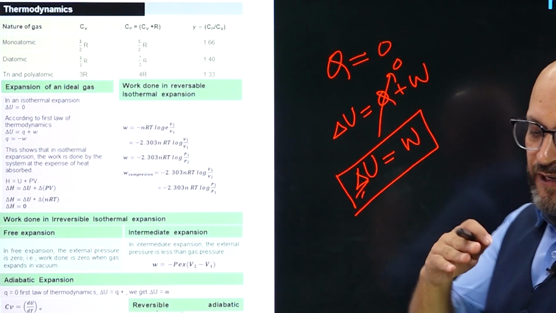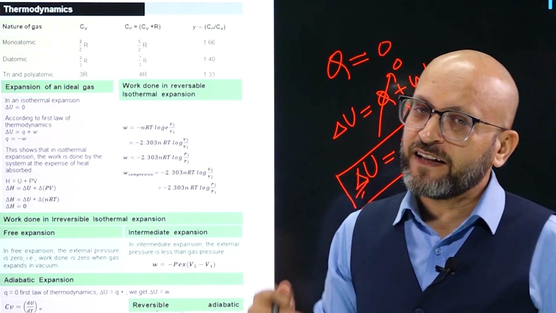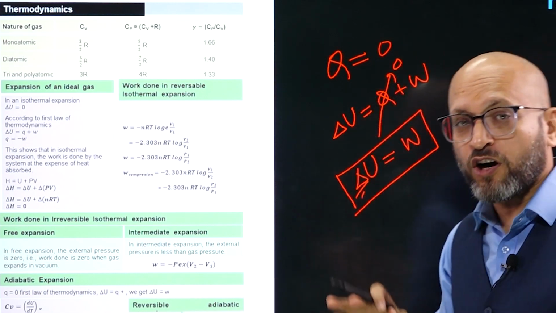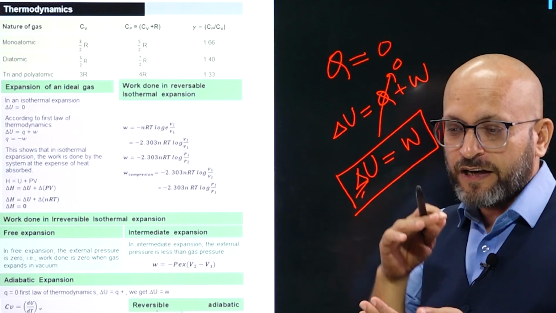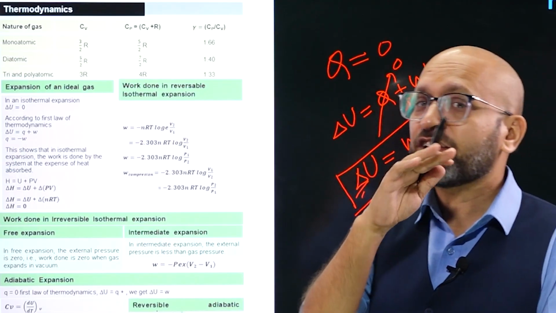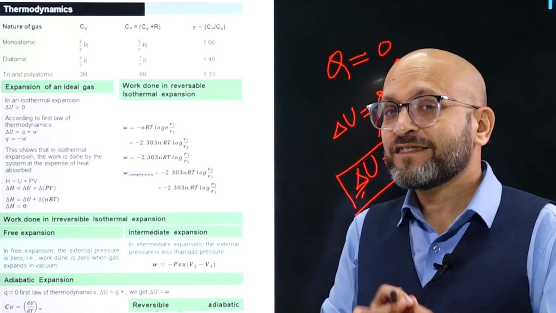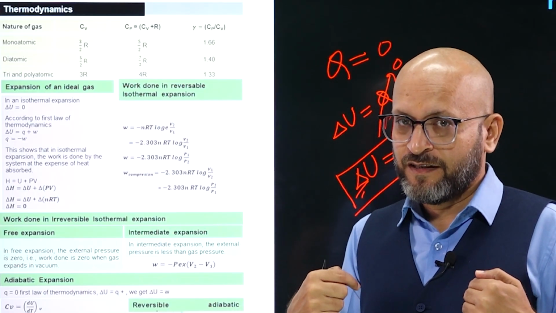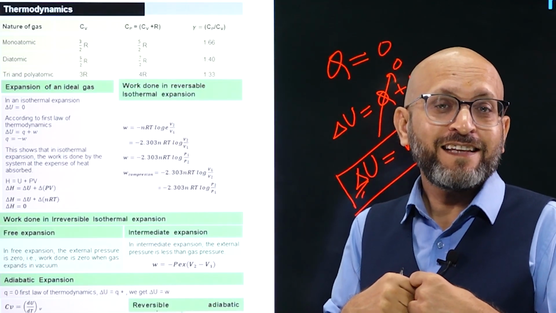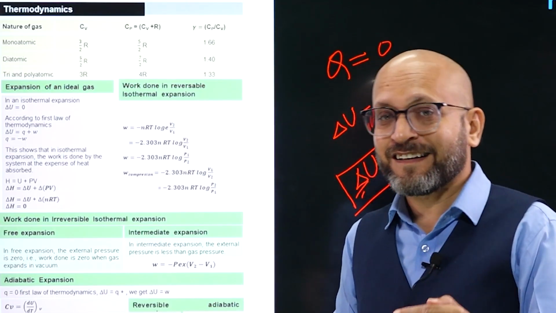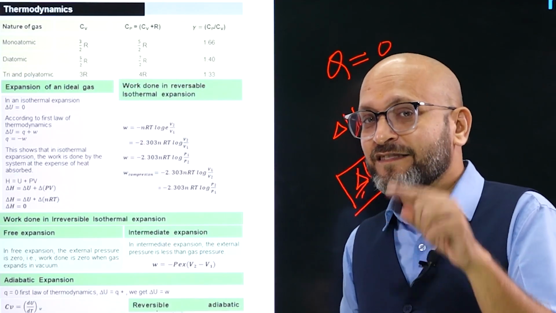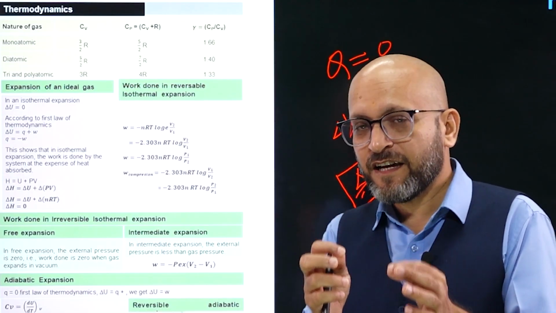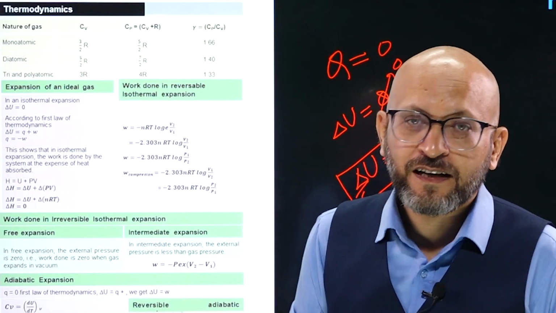For example, if the gas is expanding, there is no absorption or release of heat. So in the expansion of gas, what kind of energy is used? The gas is using its own energy. If it is using its own energy, its net internal energy will decrease, and that decrease is shown by cooling. So during adiabatic expansion, cooling occurs.